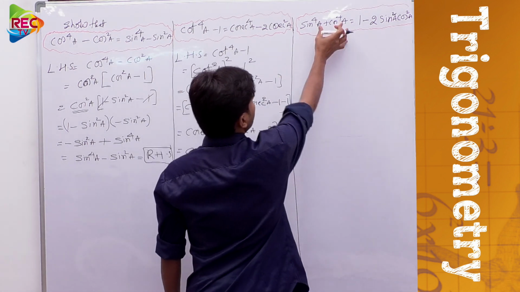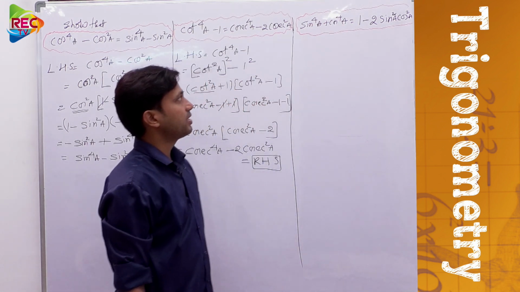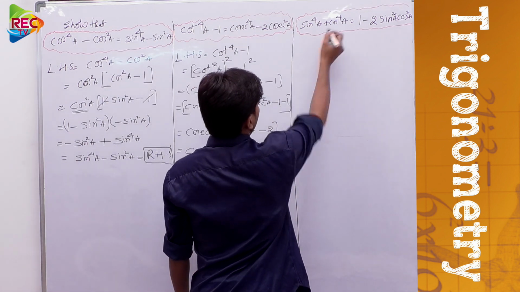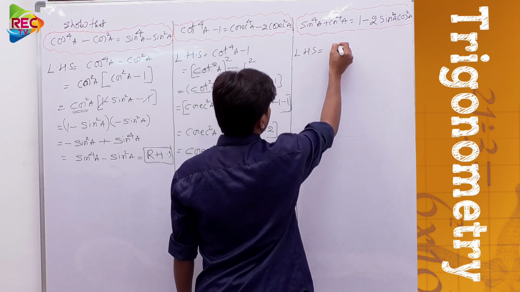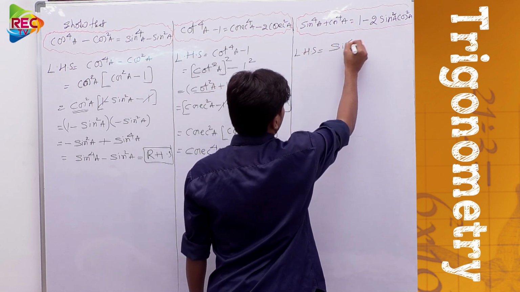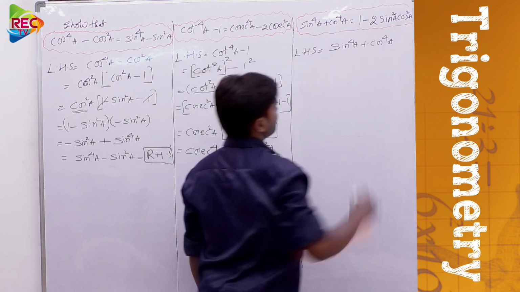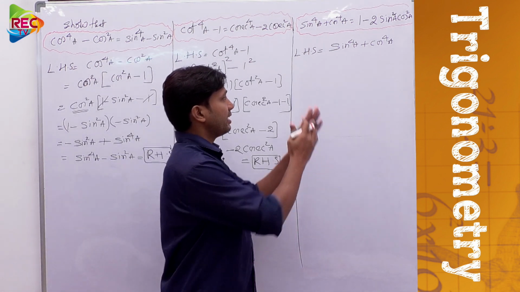Here sin power 4a plus cos power 4a. We need to write something here. Here sin power 4a, let us take the LHS part of that. What is that? Sin power 4a plus cos power 4a. We took it. Let us rewrite them.